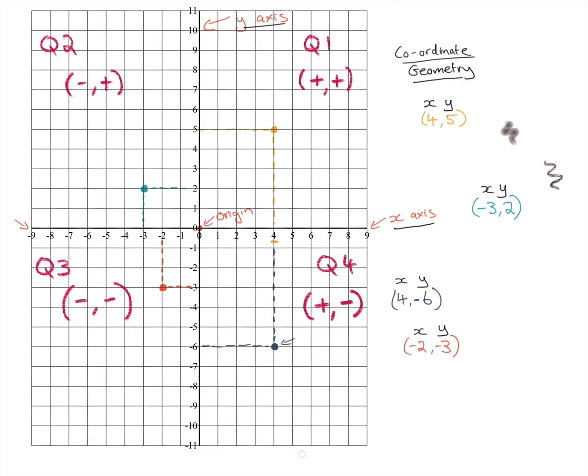When you're reading the dot in quadrant 1, whatever the dot will be, it'll be a plus number and a plus number, so both numbers will be positive, okay? And then quadrant 2 will be a minus number and a positive number. Quadrant 3 will be a minus, and quadrant 4 will be a positive and a minus.